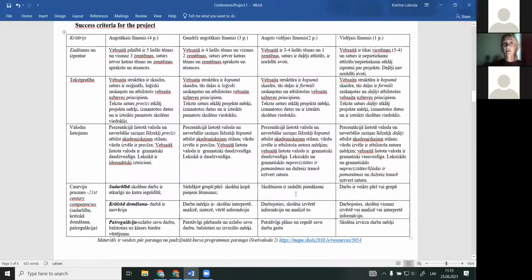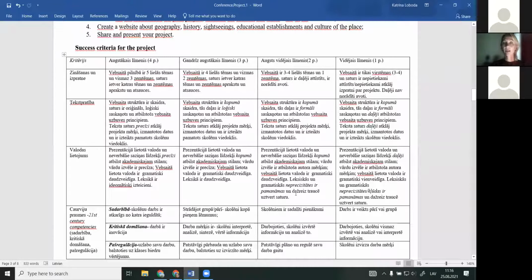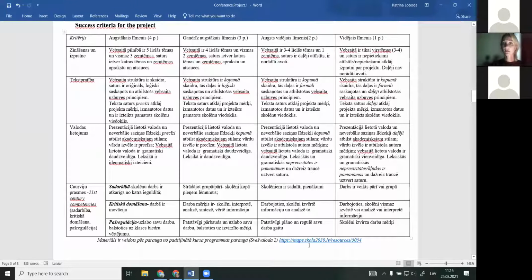And here, I would like to add that I've used materials from School 2030 to create the table with the levels of students' knowledge. And mostly there are language skills which will be evaluated, and presentation skills, the content of the website.